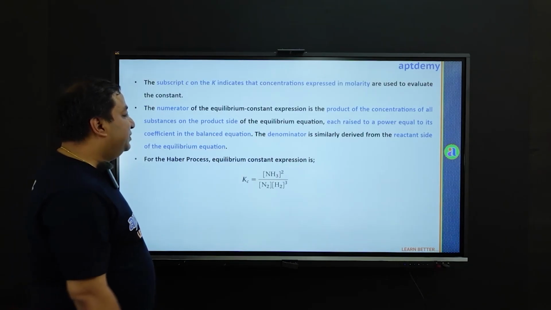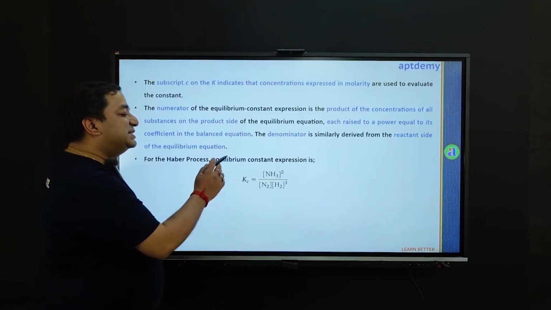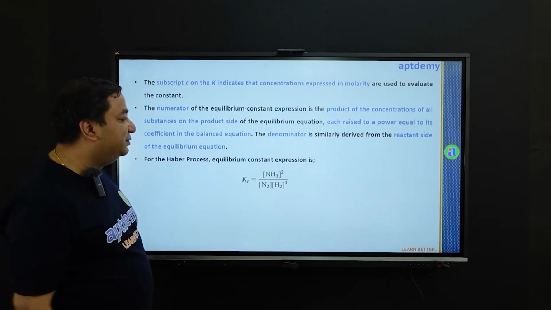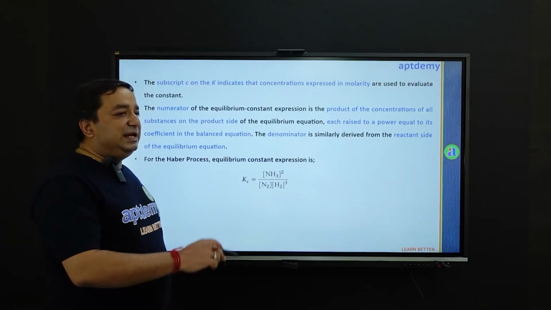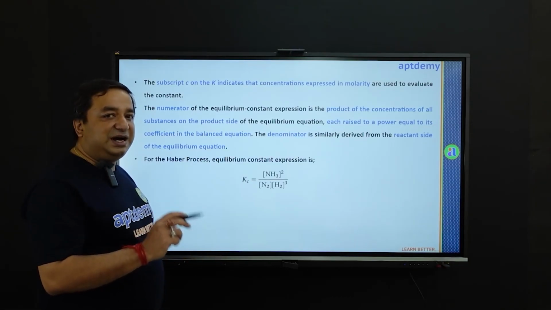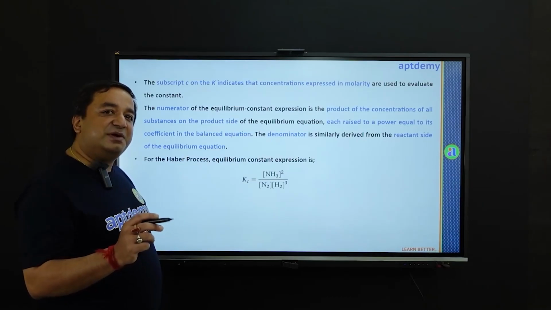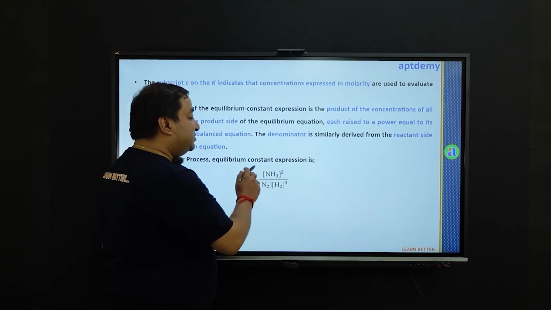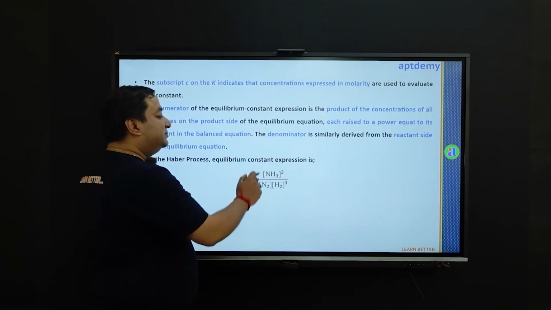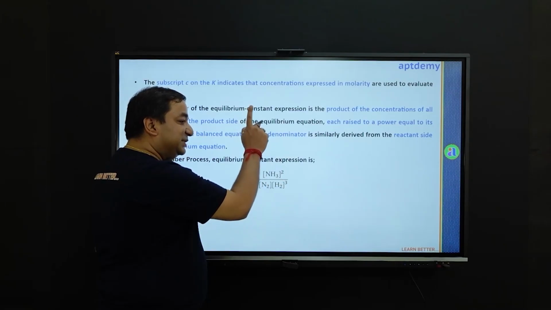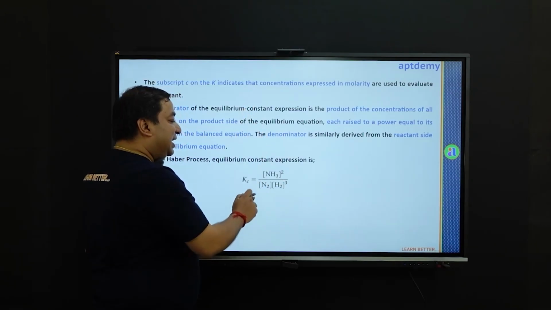Now we will write the equilibrium constant expression for the Haber process. We know the equation was 1 mole of N2 combining with 3 moles of hydrogen and forming 2 moles of ammonia. So if you are using concentration terms relating to molarity, we will say NH3 raised to the power 2, because 2 was the coefficient before NH3.